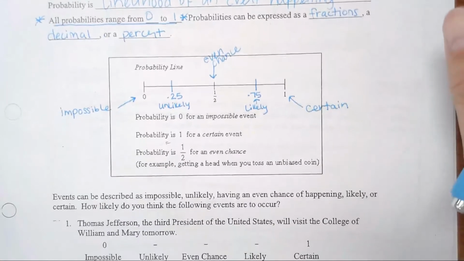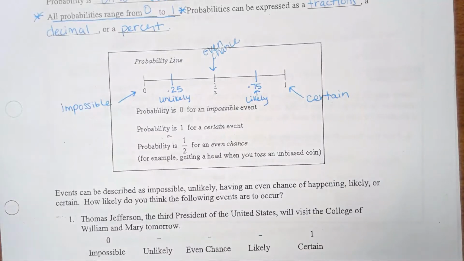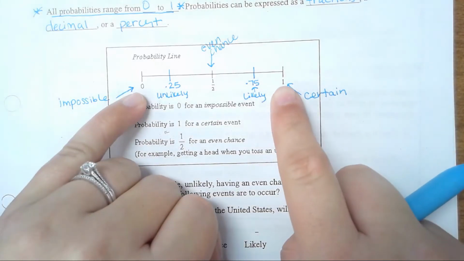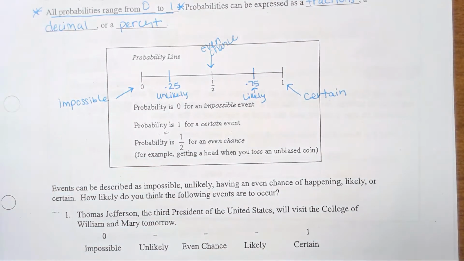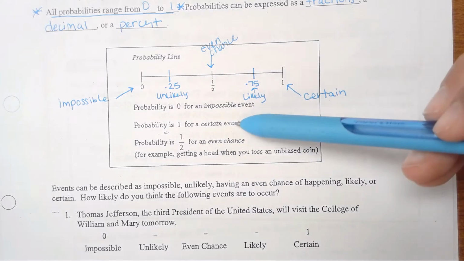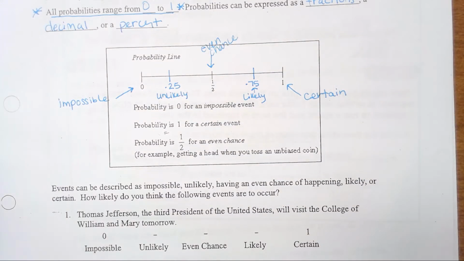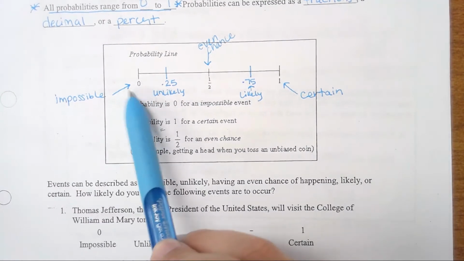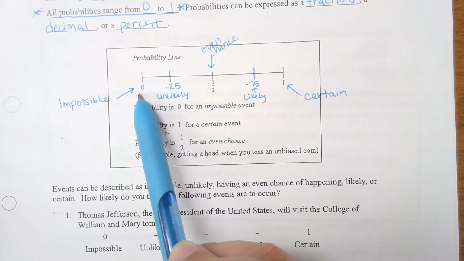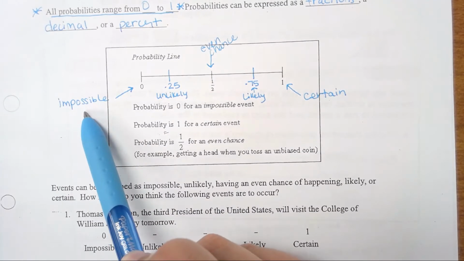There is a probability line, and like I said, probability ranges from 0 to 1. Within that line we have different words to help us understand how likely something is to happen. On the line, we start at 0. If we have a probability of 0, that means this is an impossible event.